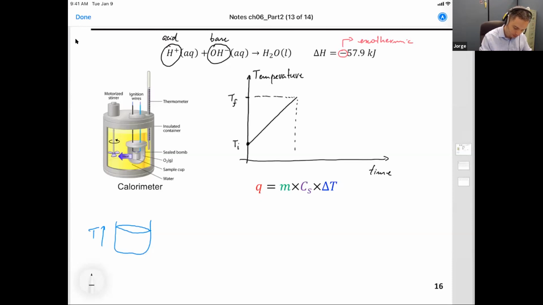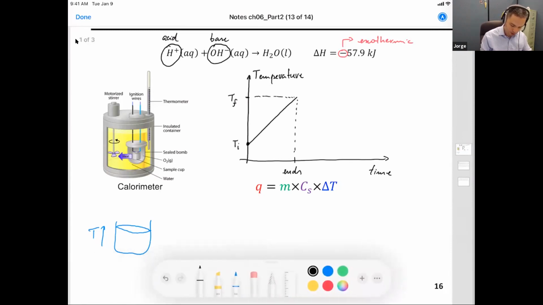And this is where the reaction ends. End of the reaction. All the reagents were consumed. The water heated up and achieved the max temperature. How can we use this data to get the delta H? All the energy provided by the reaction was used to heat up the water, and we have a correlation between energy and variation of the temperature, which I am showing here.